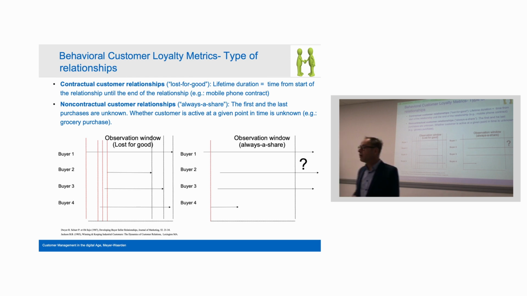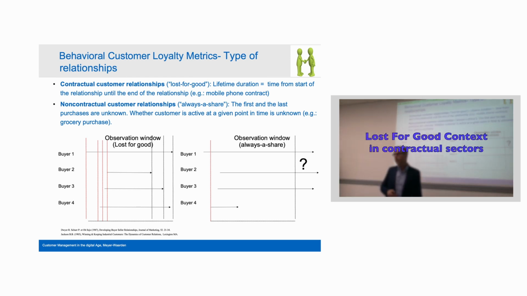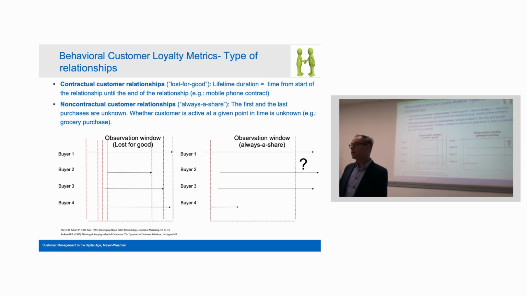The other context is the lost for good context, a contractual relationship based on contracts or subscriptions, such as Netflix or a mobile phone or internet offer, where we subscribe to a service for a given time. If we take the example of a mobile phone, we subscribe, for example, on the 1st January for 2 years.